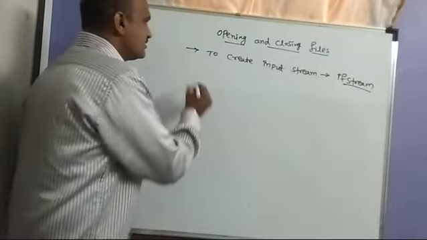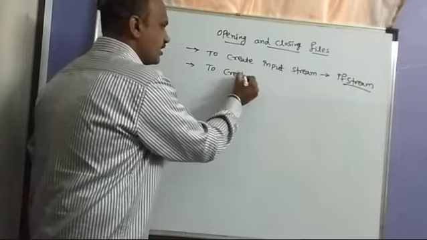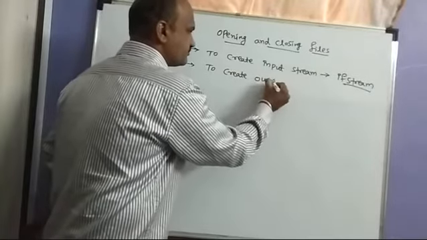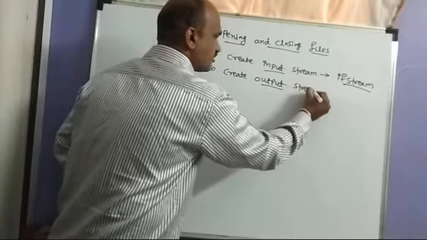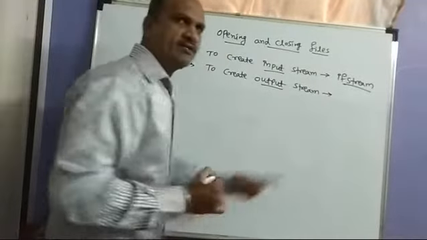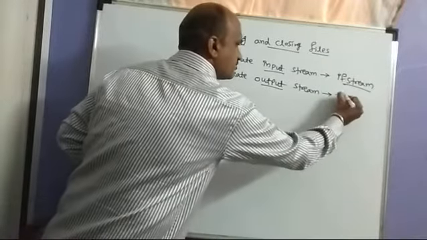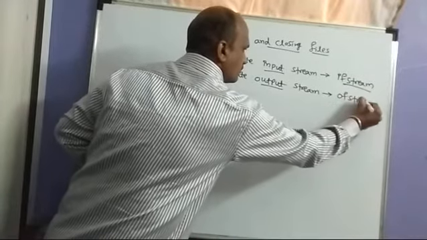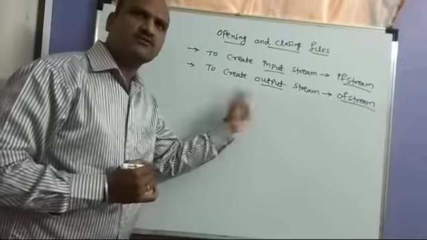And second, to create an output stream, ofstream is used. ifstream is used for input and ofstream is used for output.